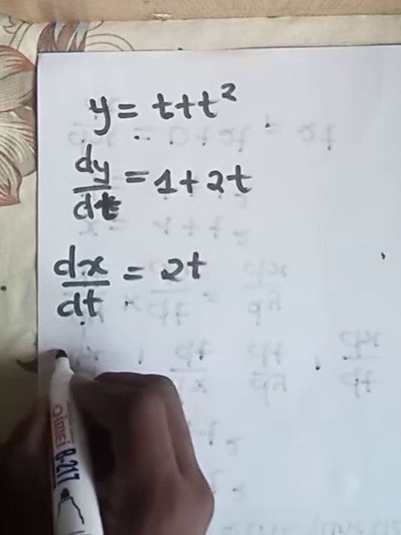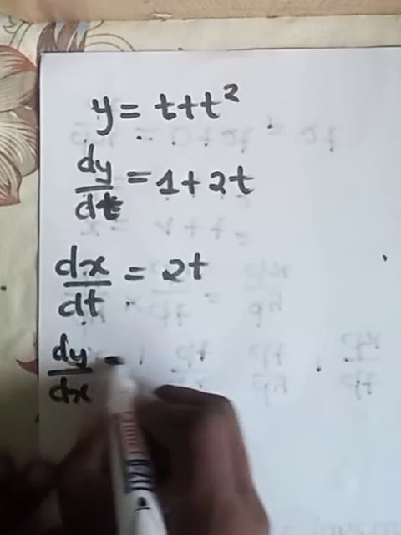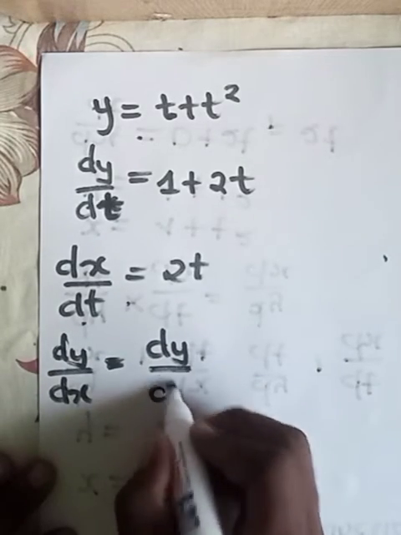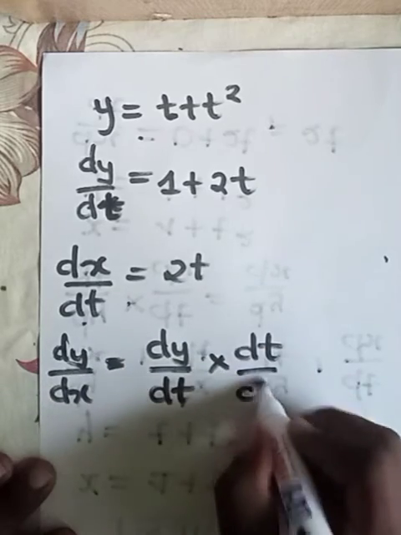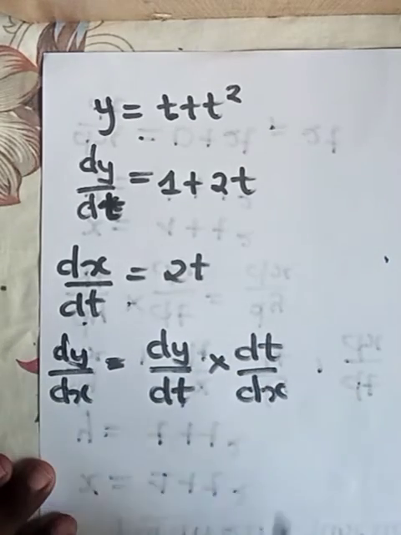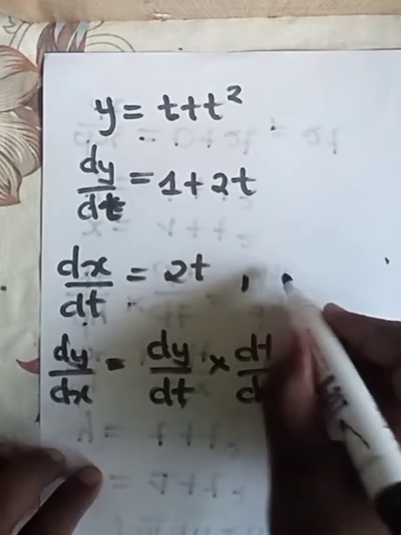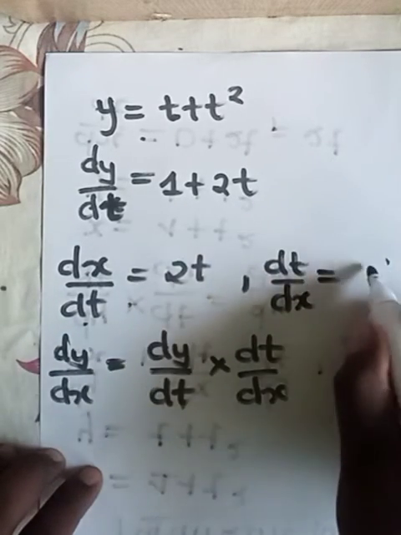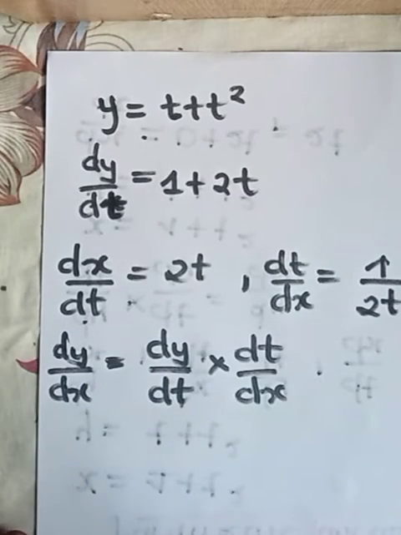As the formula says, dy on dx is simply dy on dt times dt on dx. To have dt on dx, we have to invert this, which is going to give me 1 on 2t. Good.